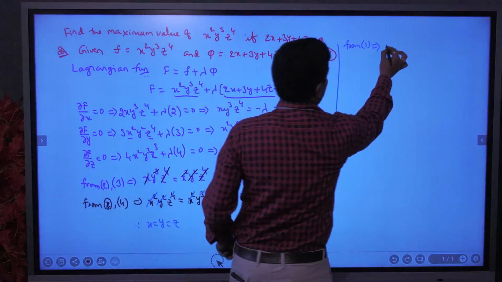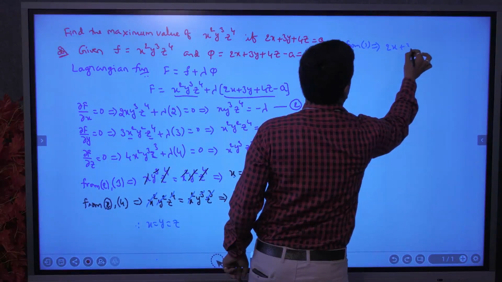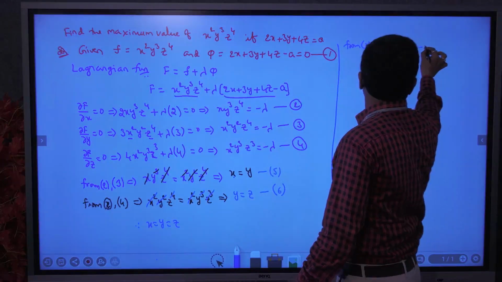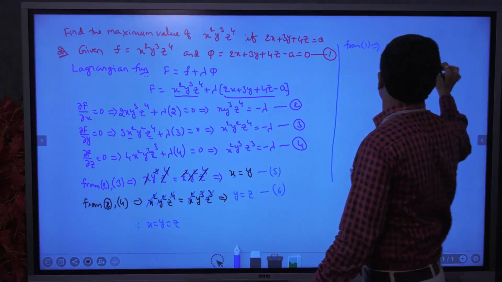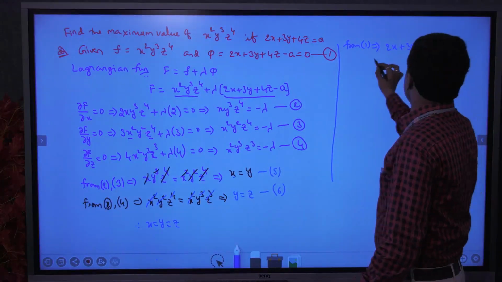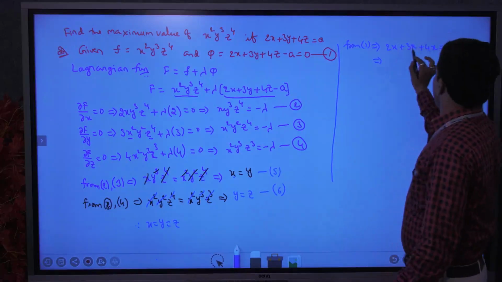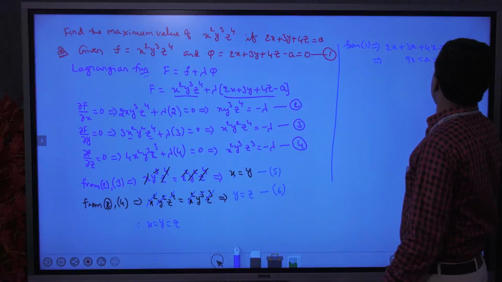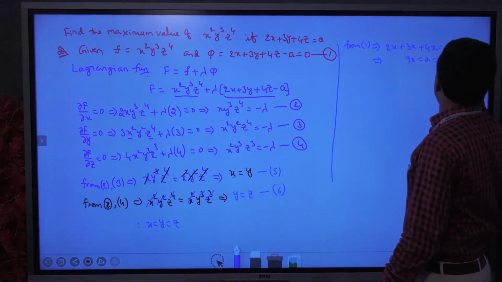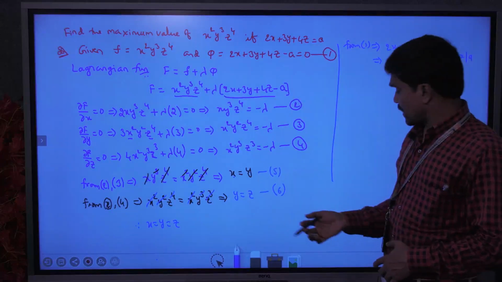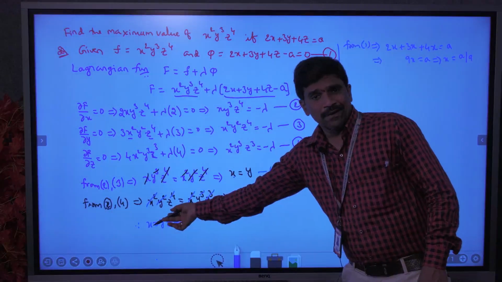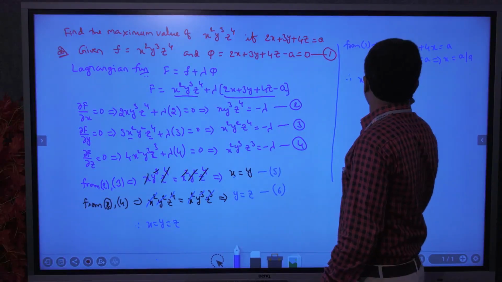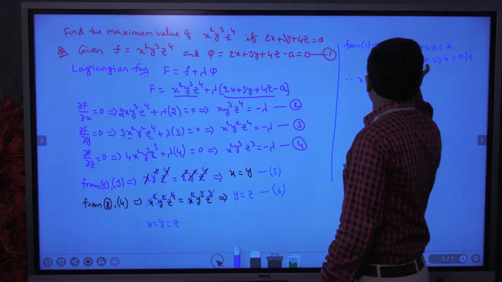So write 2x plus 3x plus 4x is equal to a. Then 5x plus 4x, 9x is equal to a, which implies x is equal to a by 9. Then clearly y and z are also equal to x. Therefore x is equal to y is equal to z is equal to a by 9.